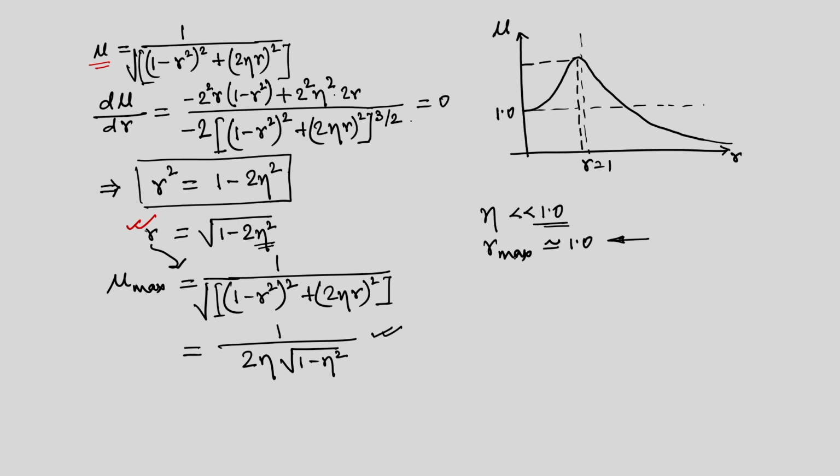We will have the maximum value of dynamic amplification at r equal to 1, right. And in that case, what will be the maximum value? That also we can simplify. If eta is much less than 1, this quantity we can neglect, and the maximum value is 1 by 2 eta. So, this is only when we have very low value of damping.